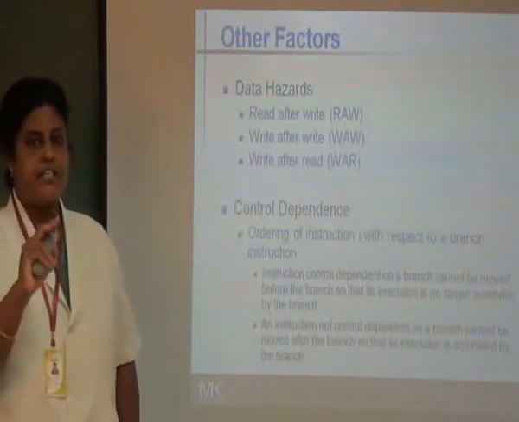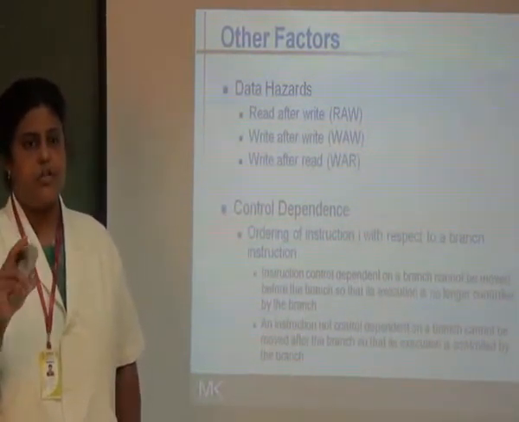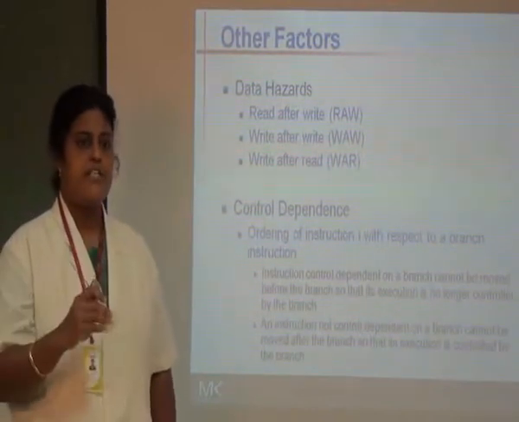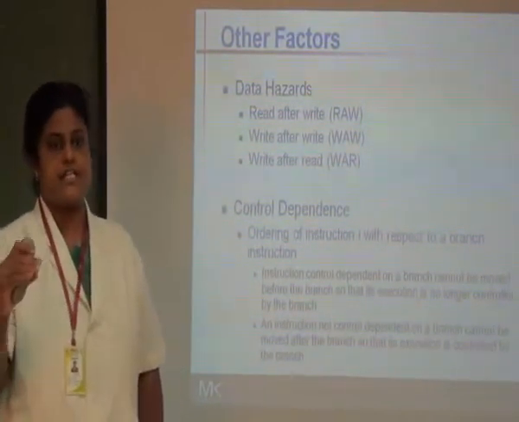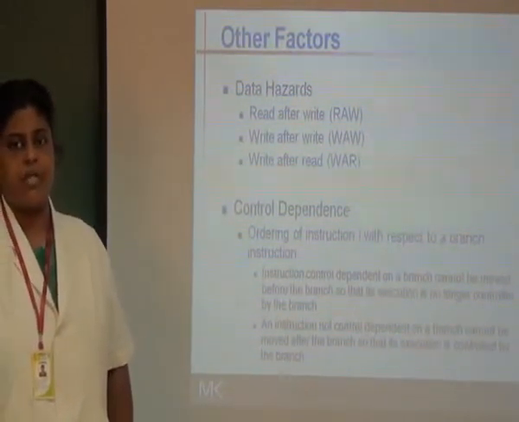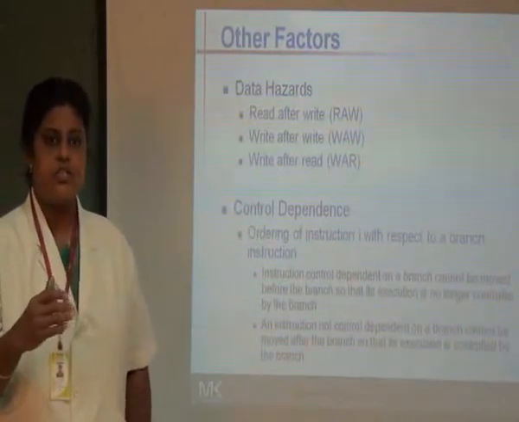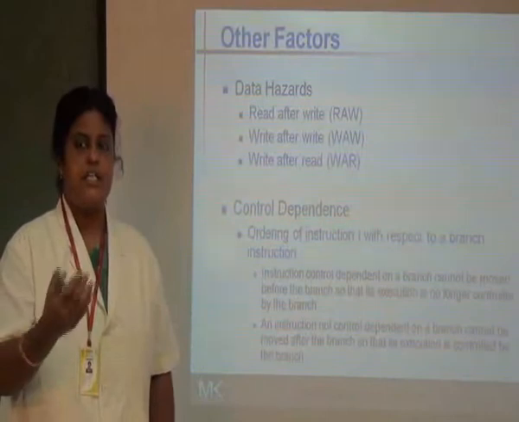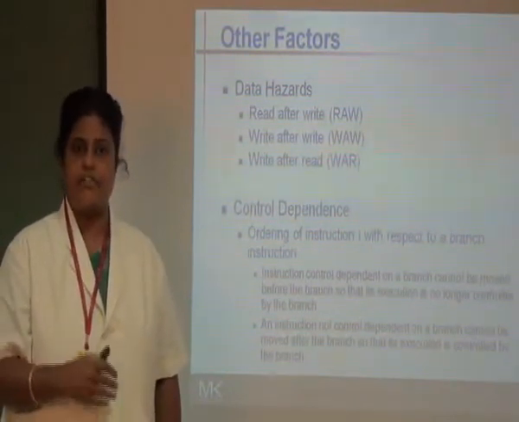One is whether it satisfies the yes condition or whether it satisfies the no condition. Accordingly, when the branch instruction satisfies the yes condition, the execution is going to jump off to a different memory location, and when it satisfies the no condition, the execution is going to jump off to a different location.